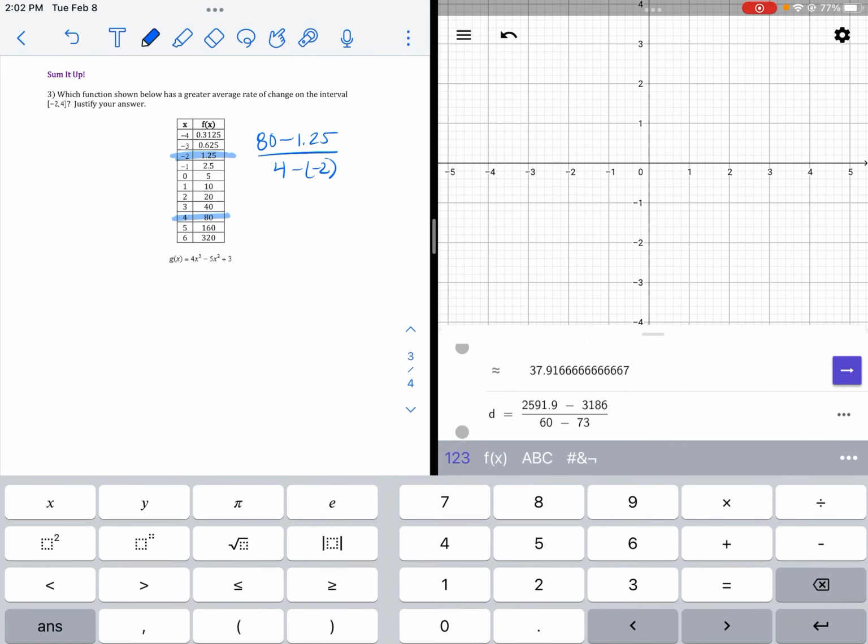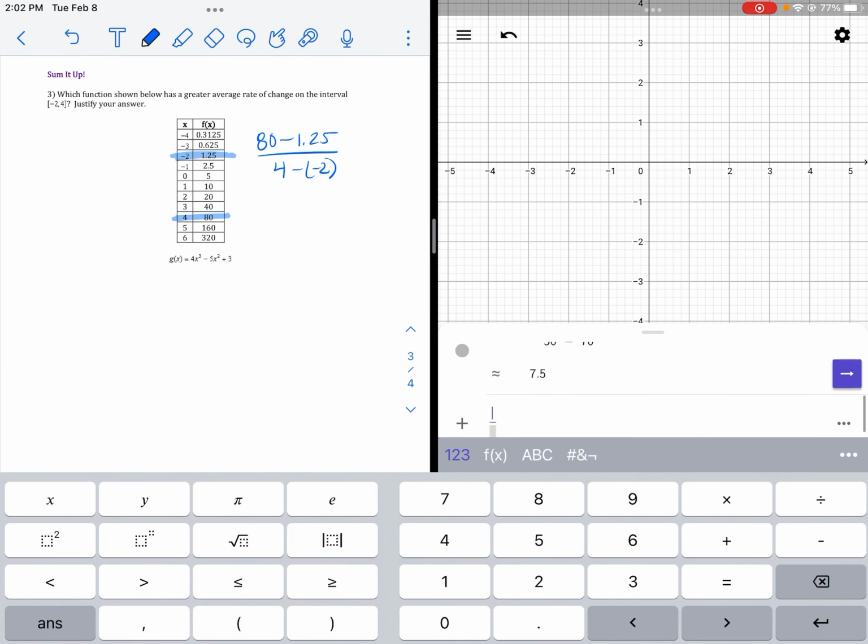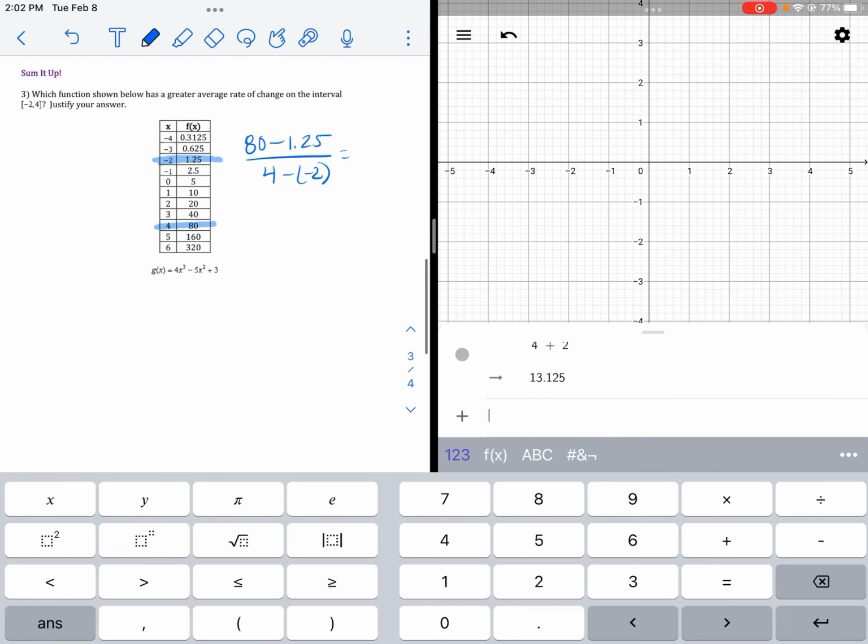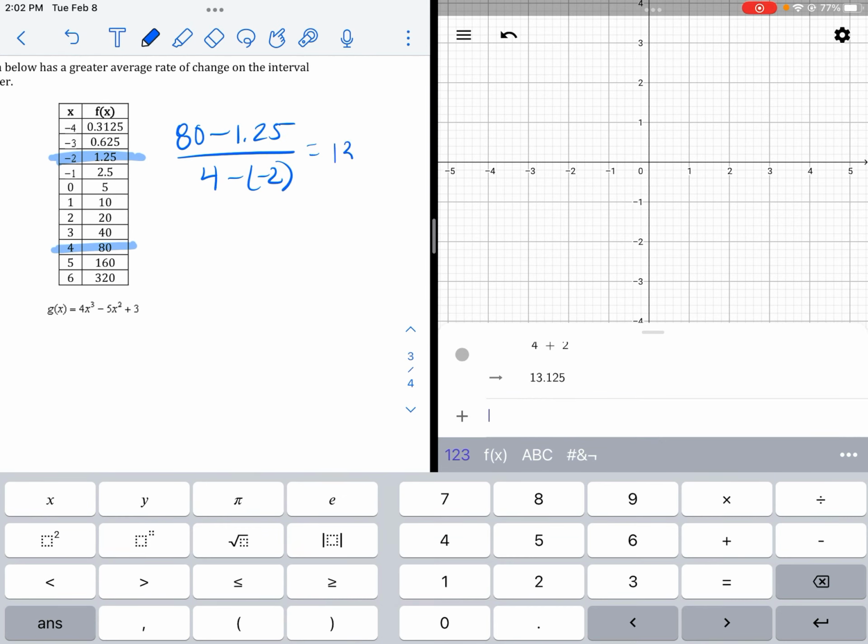I'll use pink for the next one. So 80 minus 1.25 on top, 4 minus -2 on bottom. The average rate of change on the first function is 13.125.